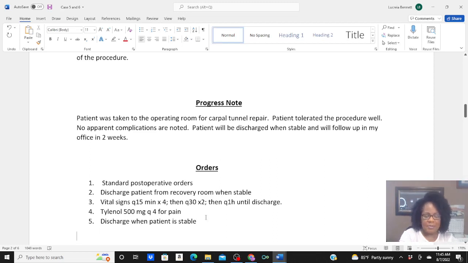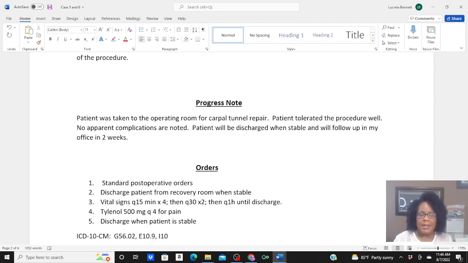Okay, let's put the code. So, for ICD-10-CM, we got the G56.02 for left hand, because it said it was on the left. Your patient also has diabetes type 1, as well as hypertension.